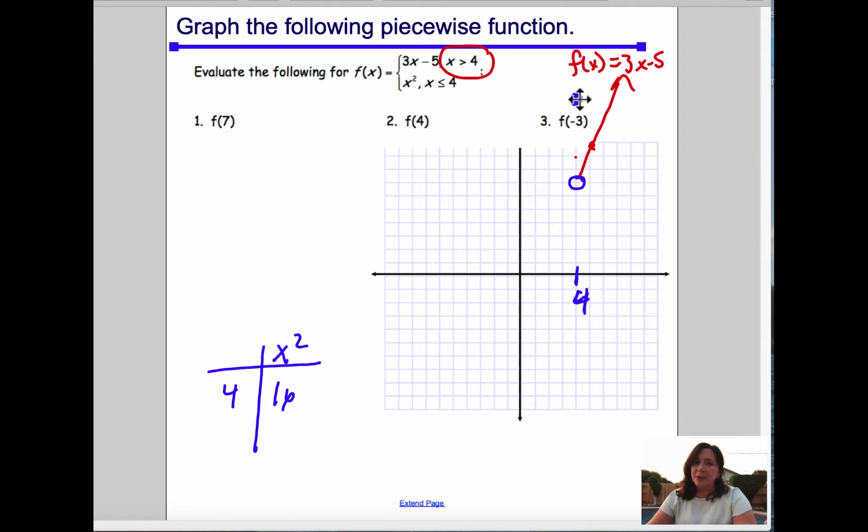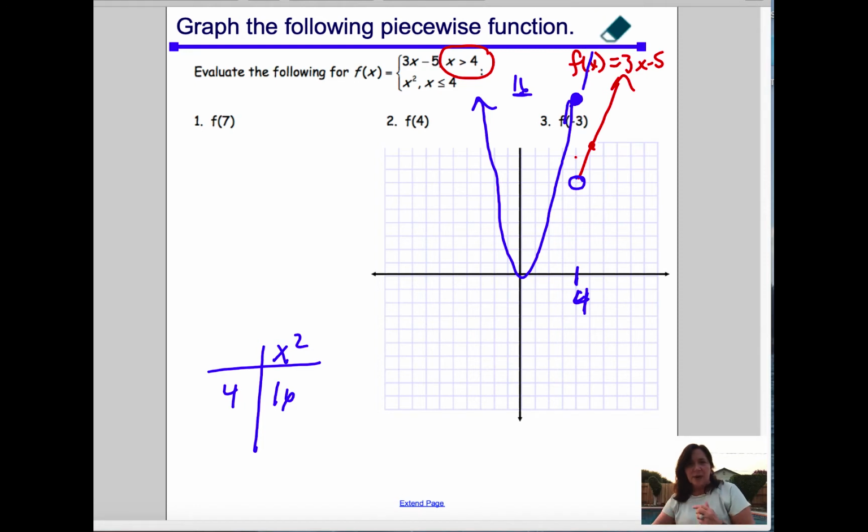But keep in mind that everything else is going to be less than that, right? Because at 4, let's say this is 16. There's my point there. They want everything less than that.